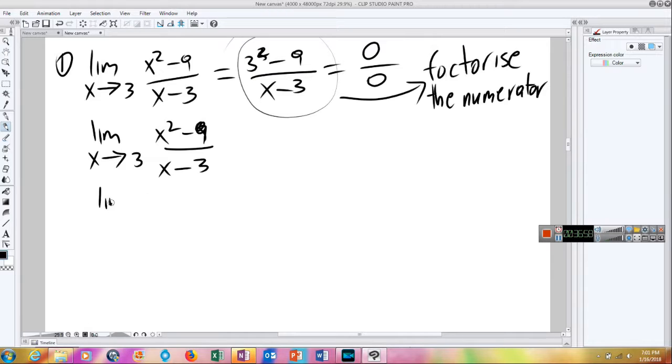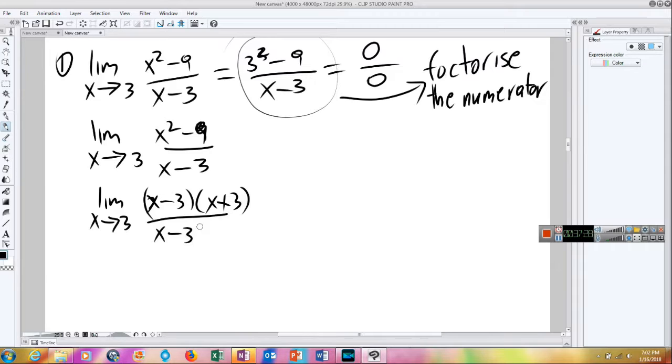We have to say the limit x tends to 3, and because we're expanding this, we say x minus 3 and x plus 3 over x minus 3.